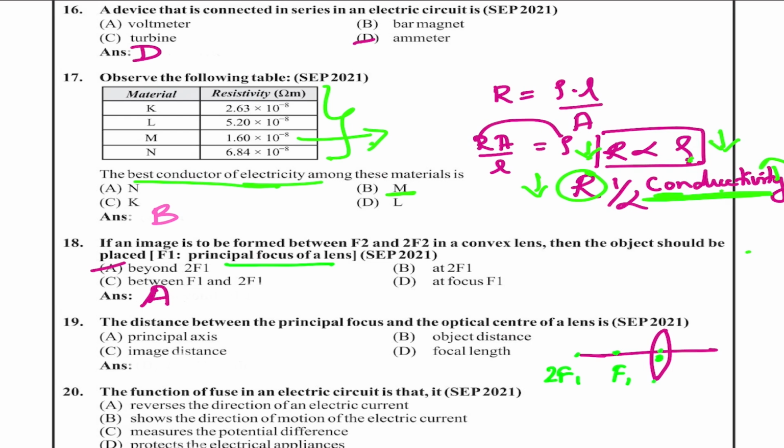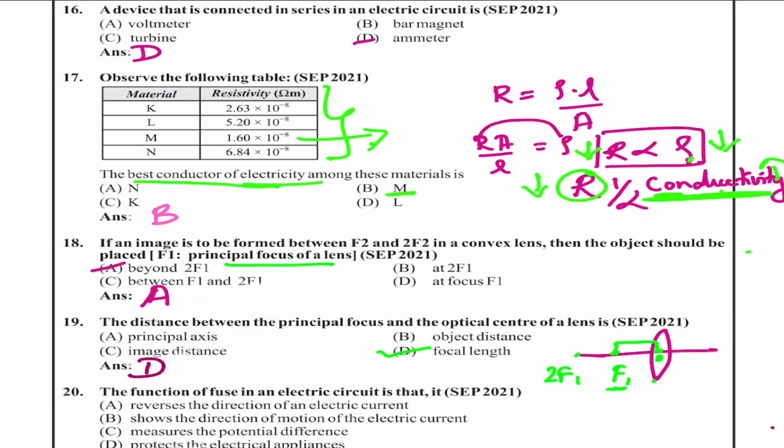It could be a convex lens or a concave lens, both. Now, we are just taking an example of a convex lens. The same rule holds good even in the case of a concave lens. What is this distance between the optical center and the principal focus? Nothing but the f1. It is nothing but the focal length. That is option D. Hence, the correct answer for 19th question is option D.